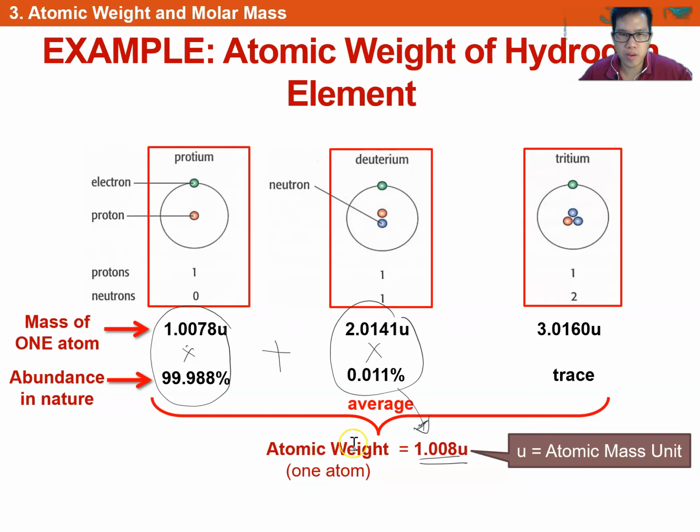Interestingly, this is basically the number reported in your periodic table of elements. This atomic weight is all given in the periodic table, but I want you to know how it was calculated, how this one came about.